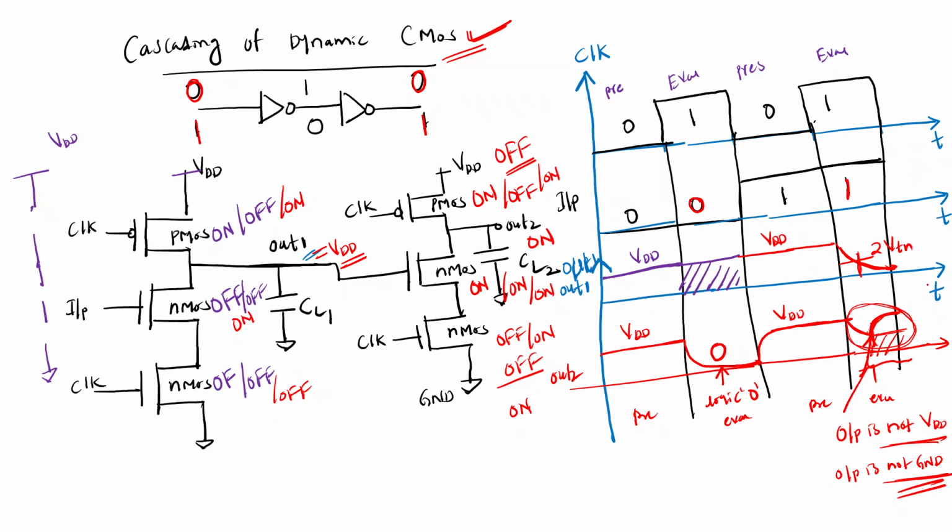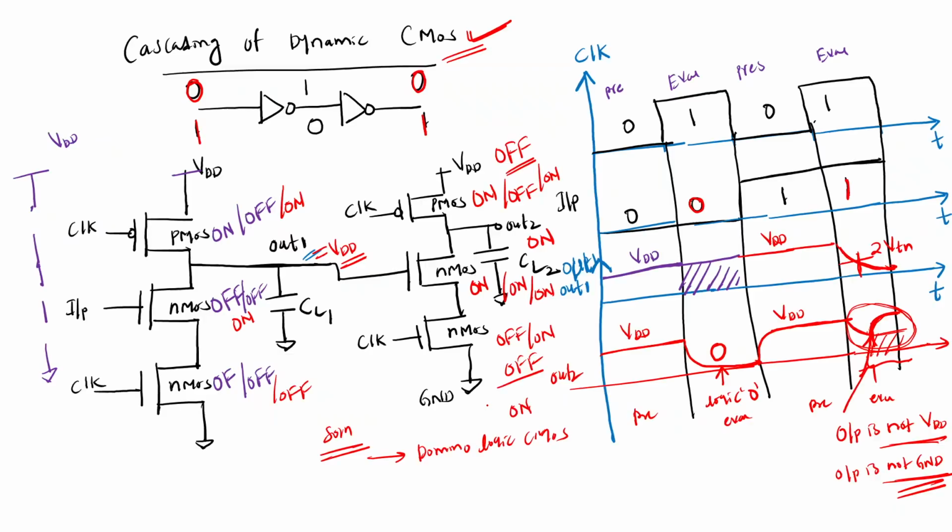So to overcome that, what do we need to do? What is the solution for this? You need to go for domino logic CMOS. One second. Yes, domino logic CMOS.